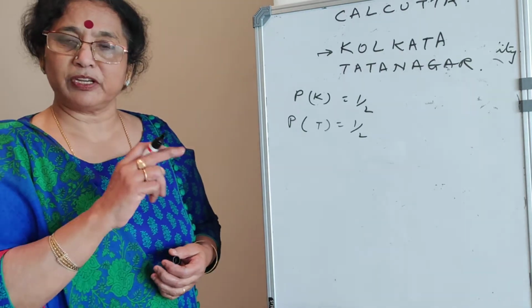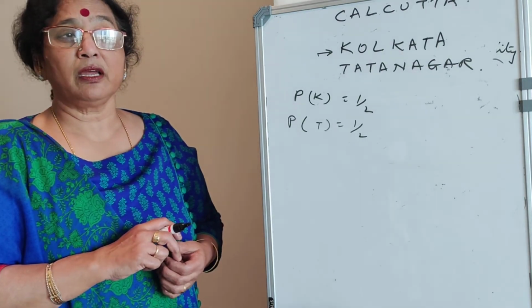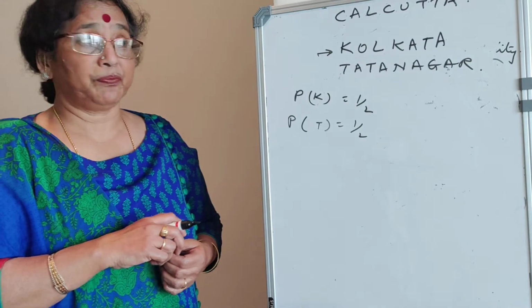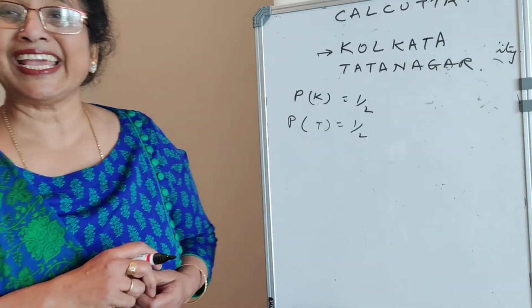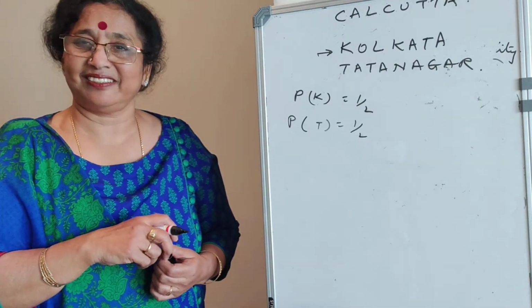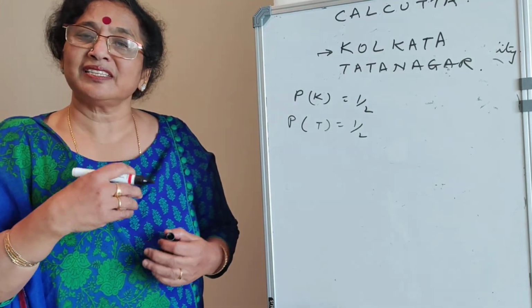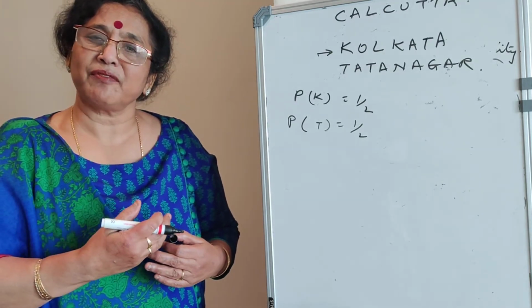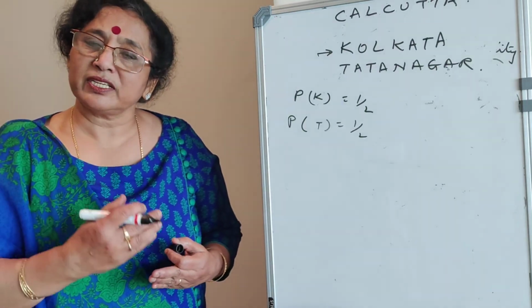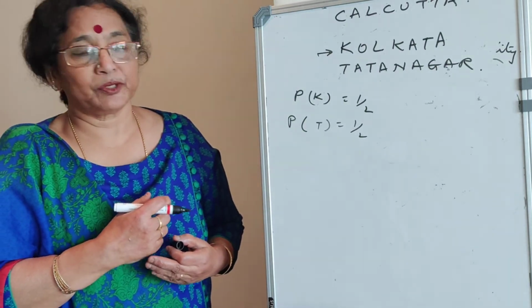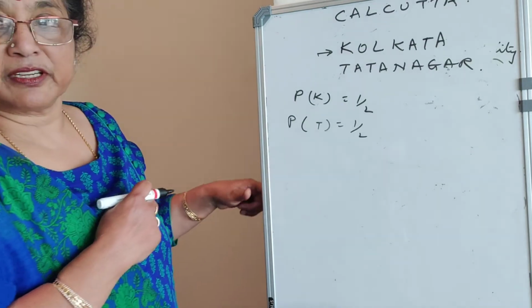That's the first event. The second: both the places have TA in it. That's the common event. Because TA is in both, there is confusion whether the letter came from Kolkata or Tata Nagar. Now this is a little difficult.